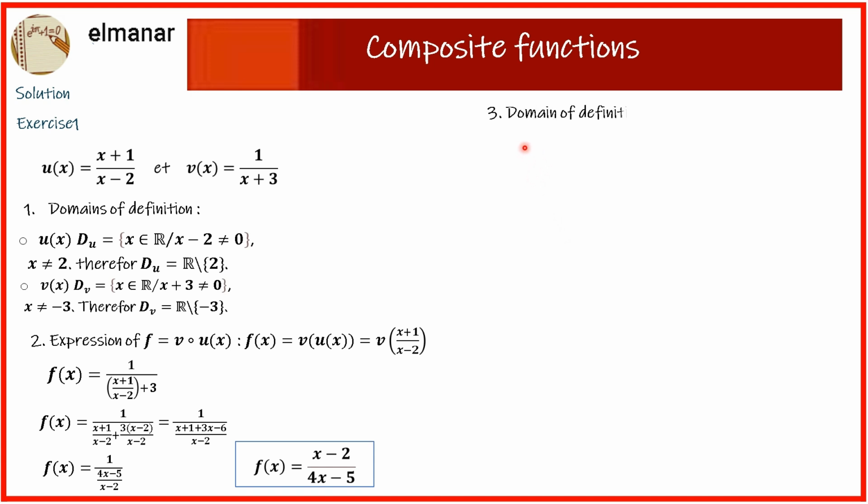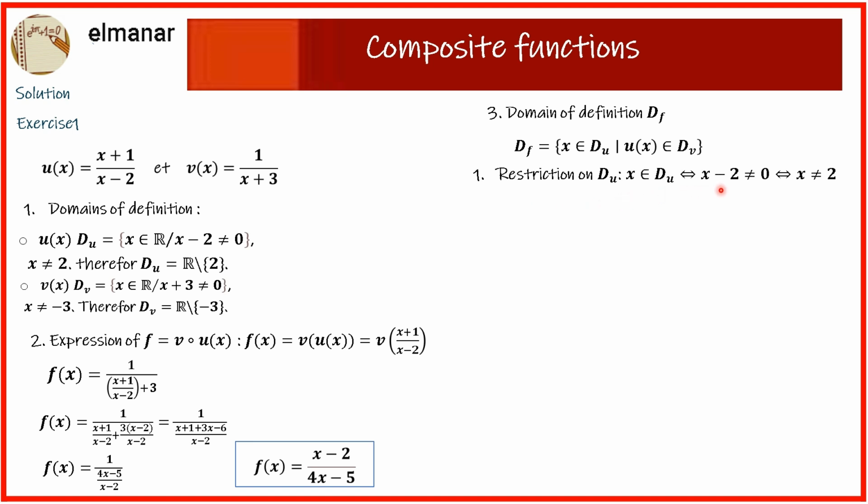Domain of definition of f. The domain of f is the set of real numbers x such that, first condition, x belongs to the domain of u, therefore x is different from 2. Second condition, u of x belongs to the domain of v, therefore u of x is different from minus 3.